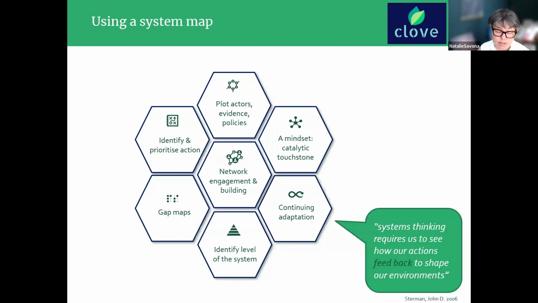So we did a system map with loads of different people in the room, including the local government, local migrant support groups, charity organizations, schools, everyone involved with dealing with this population of asylum seekers and refugees in this area.